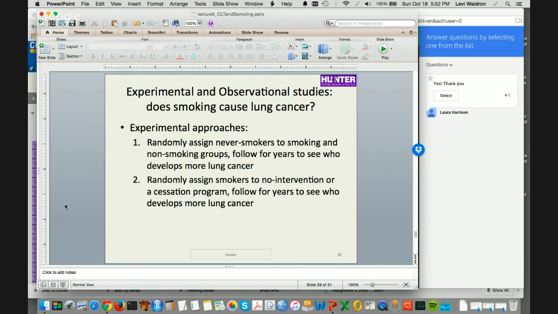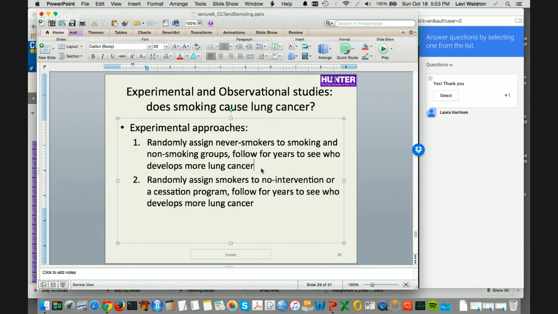Here's an example of the difference between experimental and observational studies. If you're interested in the question, does smoking cause lung cancer? Your ideal study from the experimental point of view would be to randomly assign never smokers to smoking and non-smoking groups, then follow them for years to see who develops more lung cancer.